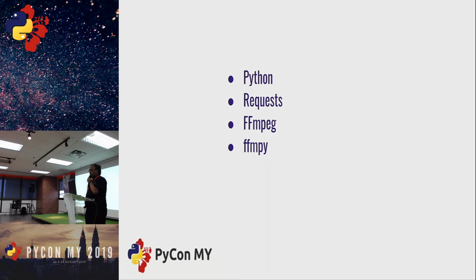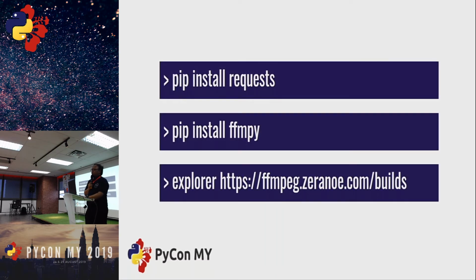And then FFmpeg is a utility to convert files. It is not necessary, but if you need to convert, you can use FFmpeg. ffmpeg-python is a library, a wrapper of FFmpeg, to make things easier in Python. So this is all we need. You can install requests and ffmpeg-python, and if you use Windows, you can download FFmpeg at that page.